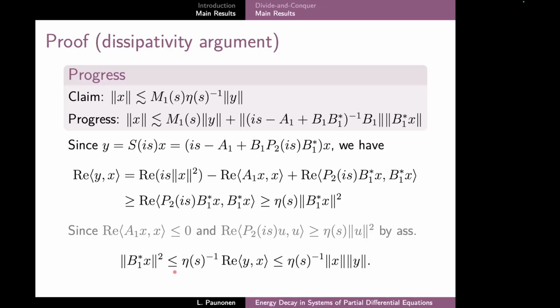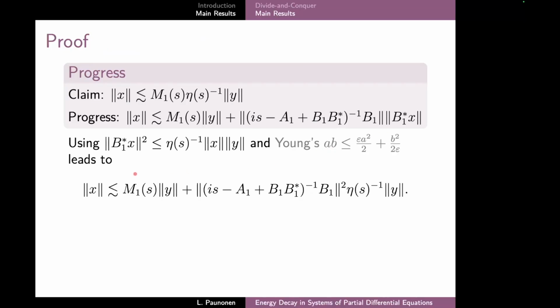And now this estimate gives us information about one of the terms in our estimate here. And in fact, using this estimate together with Young's inequality in a suitable way gives us an improved estimate for the norm of x, where we have been able to remove the x from the right-hand side of the equation.